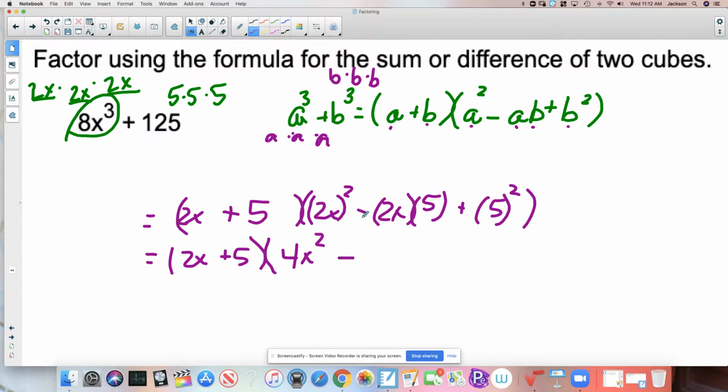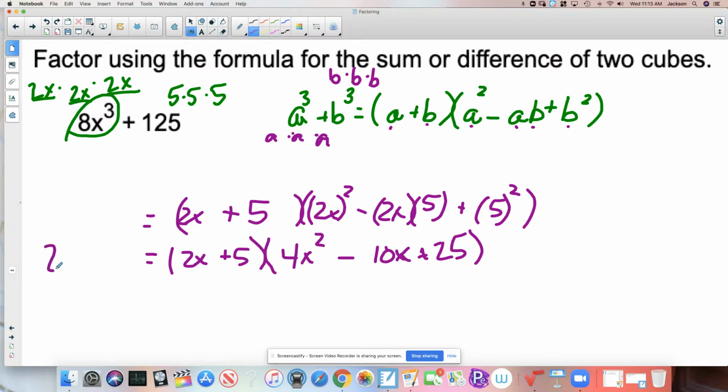There's a minus sign here, so I'll put a minus sign here. 2x times 5 is 10x. And then here we've got plus 5 squared. 5 squared is 25. So here is our factored form for this sum of cubes.